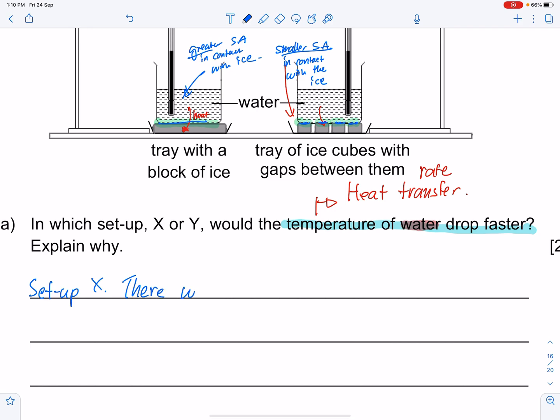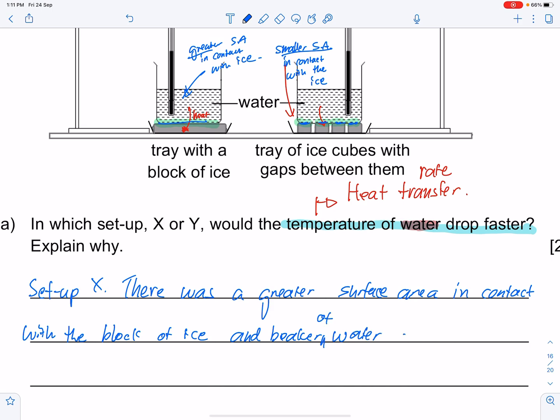So there was a greater surface area in contact with the ice and beaker of water in X than Y.